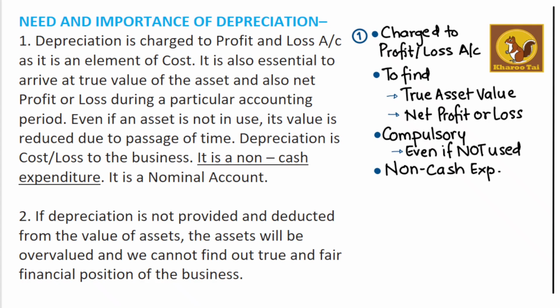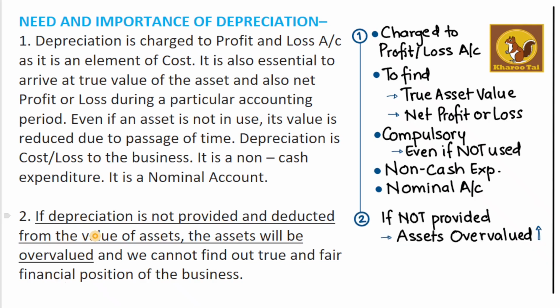In case of depreciation, there is no cash outgo, right? We have already paid while purchasing the asset. While charging depreciation, we are not again paying any cash. So depreciation is a non-cash expenditure, and any expenditure is a nominal account. So depreciation is a nominal account.